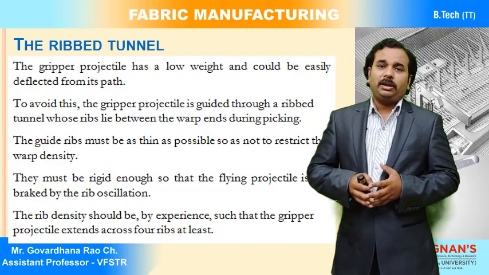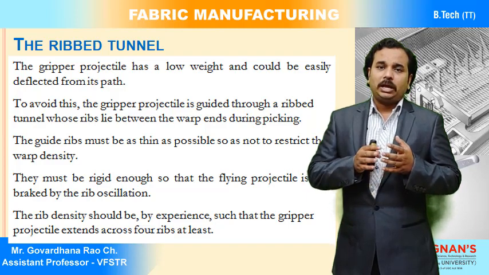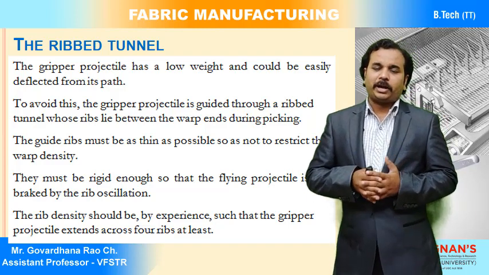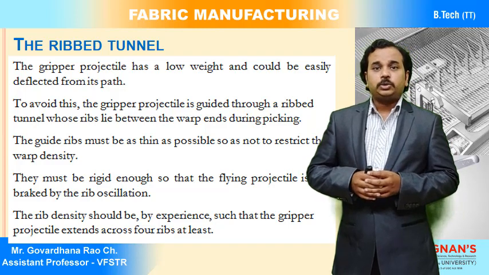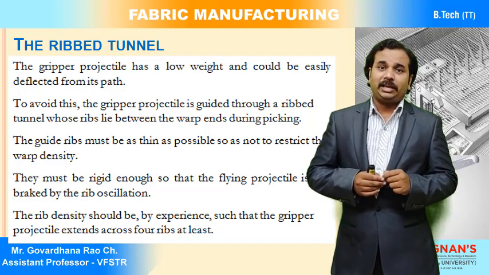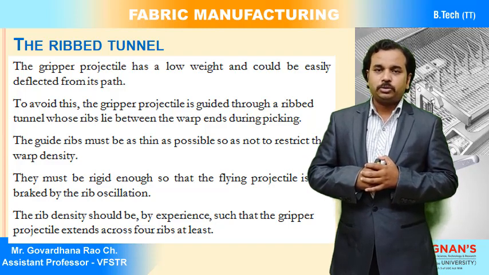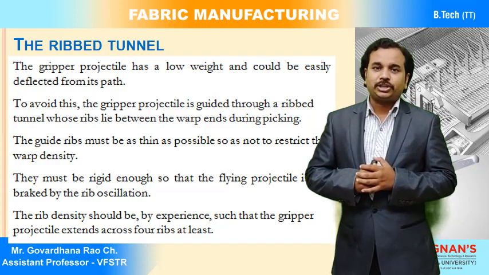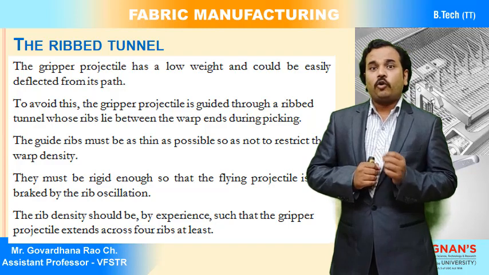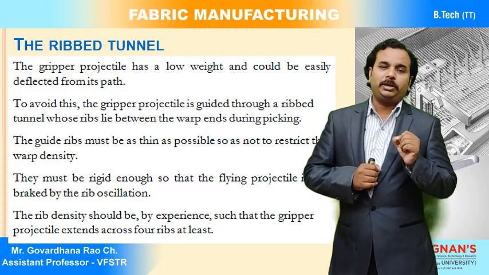When the guides are penetrating through the warp, because of high density, if the thickness of these guides is very high, there is a restriction or a force applied on the yarn by the ribbed guides.